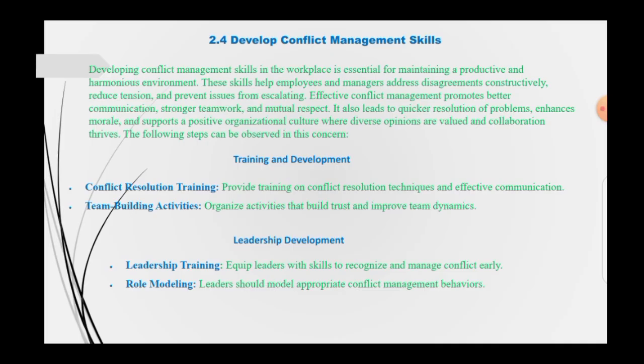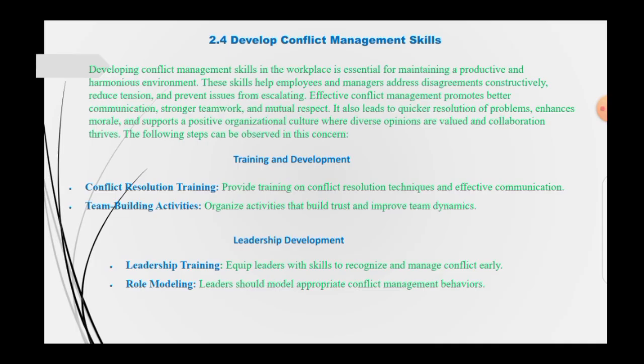Developing conflict management skills in the workplace is essential for maintaining a productive and harmonious environment. These skills help employees and managers address disagreements constructively, reduce tension, and prevent issues from escalating.